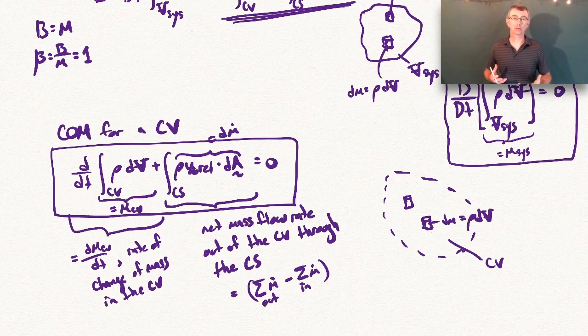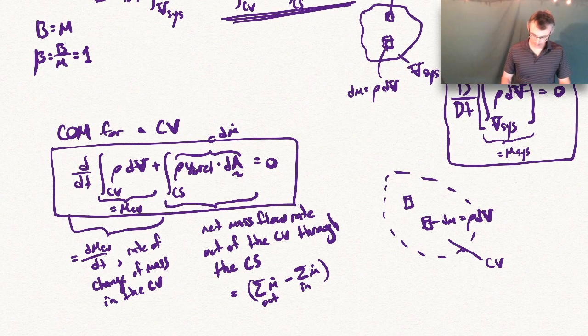We just write it as an integral because it gives us more flexibility. Maybe the density varies over the surface. Maybe the relative velocities vary over the surface. It just gives us more flexibility. Okay? So that's conservation of mass for a control volume.